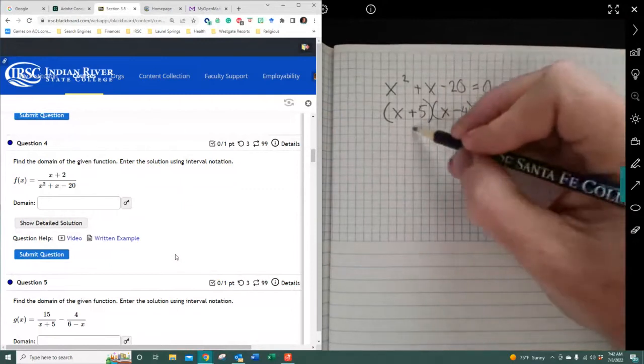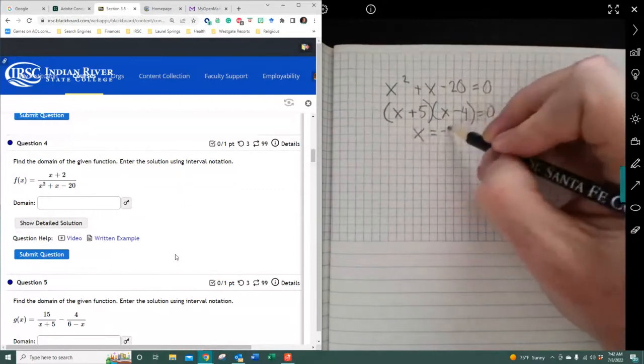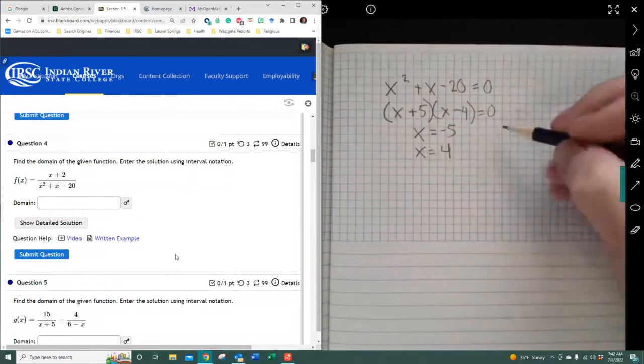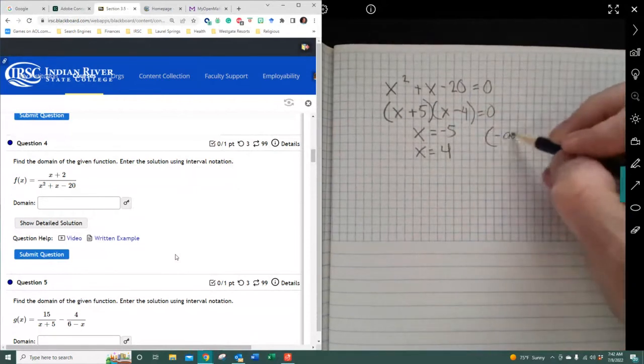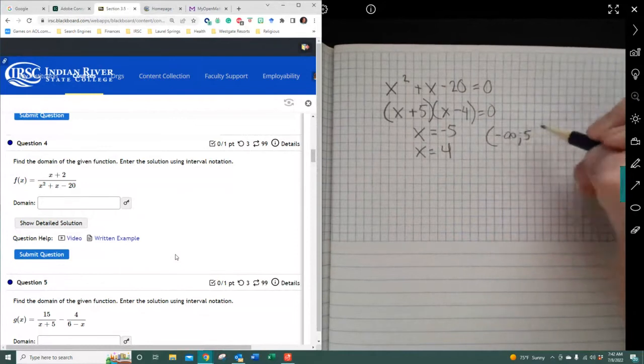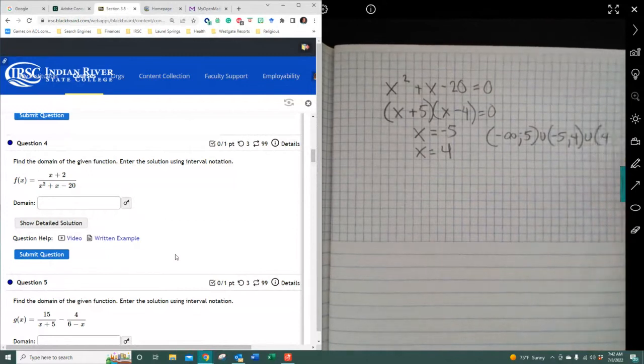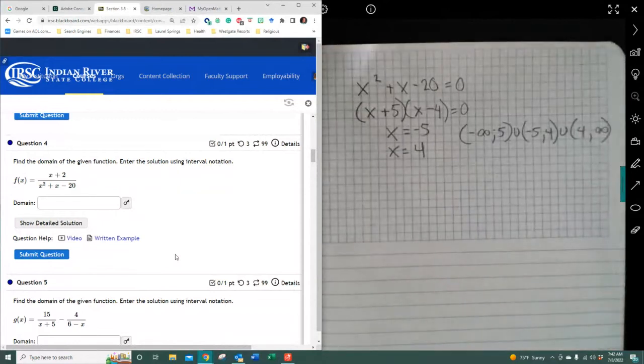And then you find that x equals -5 and x equals positive 4. So you go from negative infinity to -5, jump over that negative value, go to 4, jump over that value, and go to infinity. Okay, so that one's pretty simple.